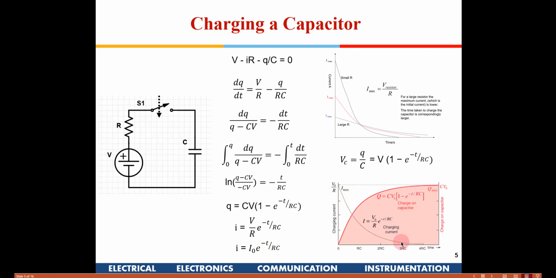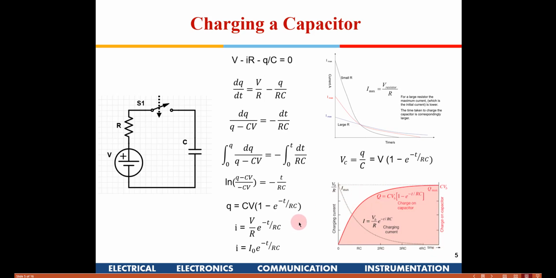Now one thing we have to remember is that for all numerical problems, and in all practical circuits, when t is equal to 5 RC, we assume that the voltage has almost reached a stable state where the capacitor is charged to full V, and the current has come to 0.